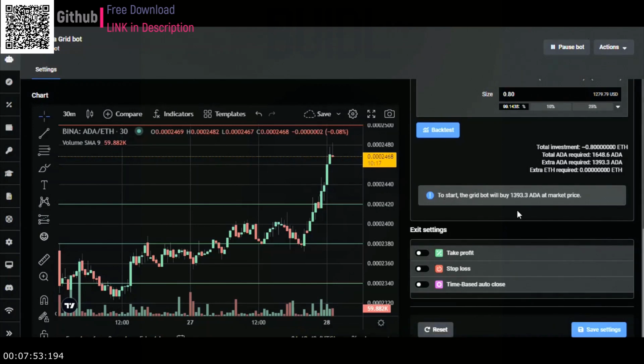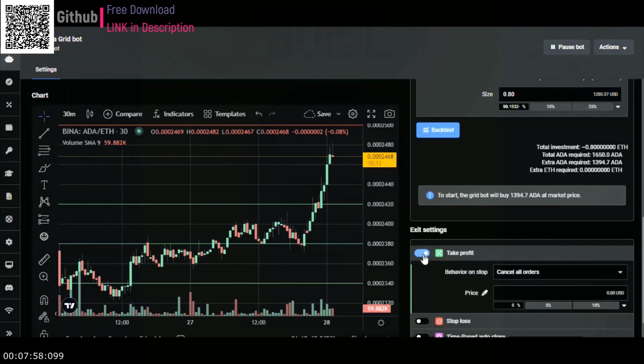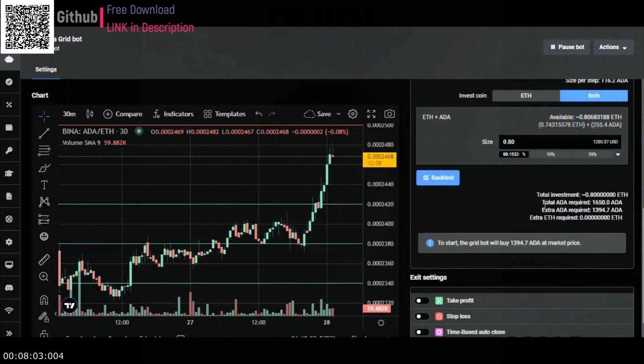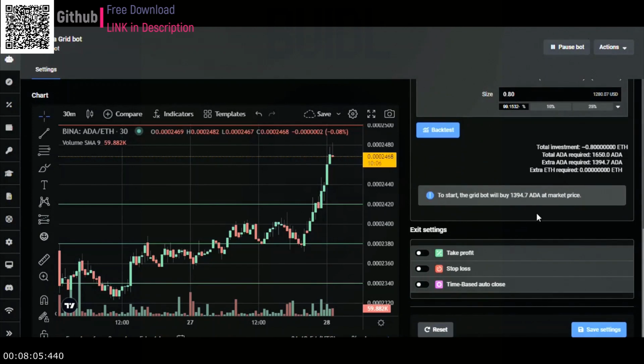And the other thing is exit settings. You can keep this one on if you want, but in my case, since I have activated the trailing up and trailing down, I don't want to exit this bot, so I keep it running as it is. And the stop loss also I'm not going to activate, because what would happen is either all of my ADA will be converted to Ethereum, or the other way, all my Ethereum will be converted to ADA if this bot performs outside of my grid line.